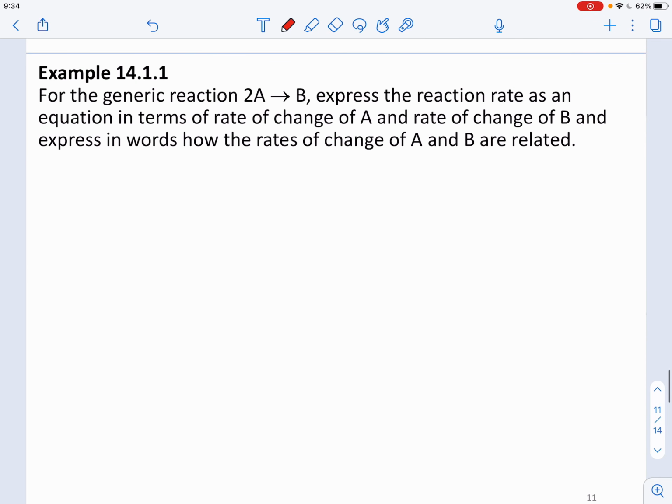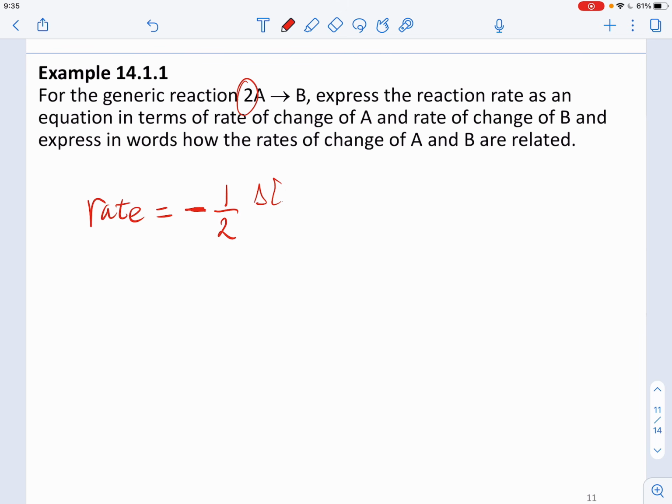Now, for this reaction, we have 2A equals B. Express the reaction rate as an equation in terms of the rate of change of A and the rate of change of B. So rate is going to be equal to, if it's A and it's a reactant, number one, you have a negative sign. You have a stoichiometric coefficient of 2, so you have to divide by 2, so you have 1/2 here, and the rest is normal.